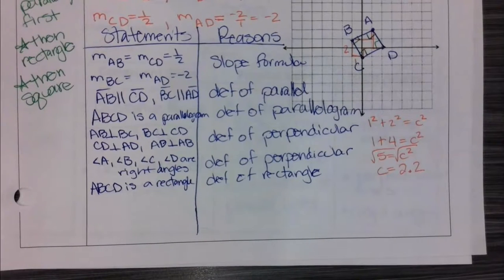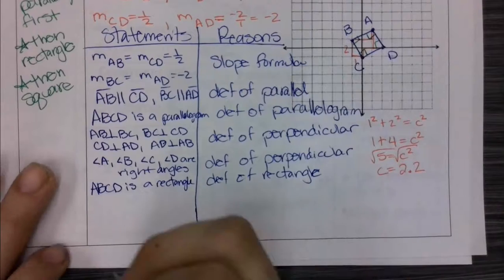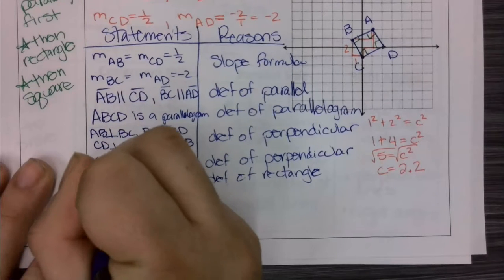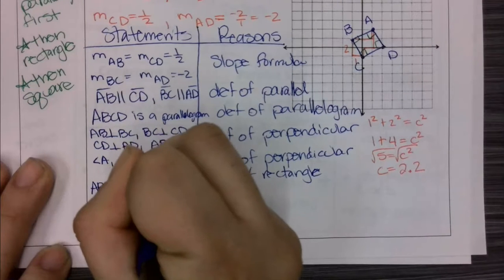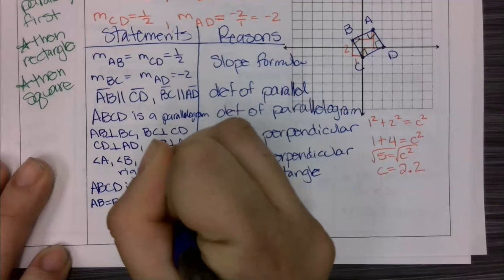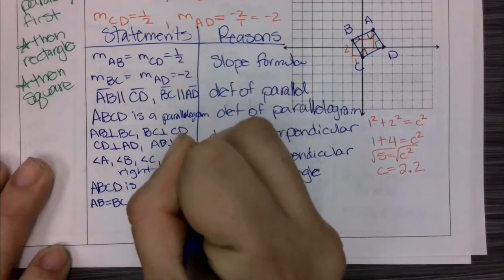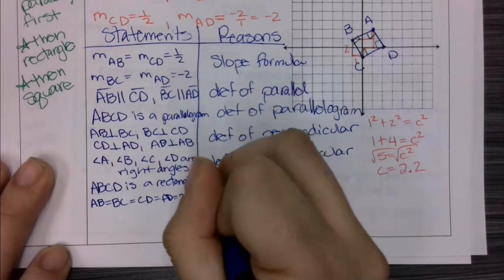So now I can say all the side lengths are the same. So I'm going to have AB equals BC equals CD equals AD equals 2.2. This was by the distance formula.